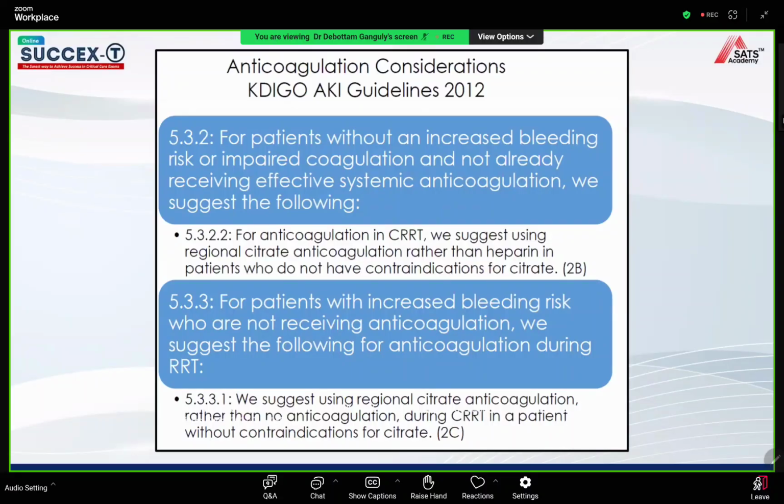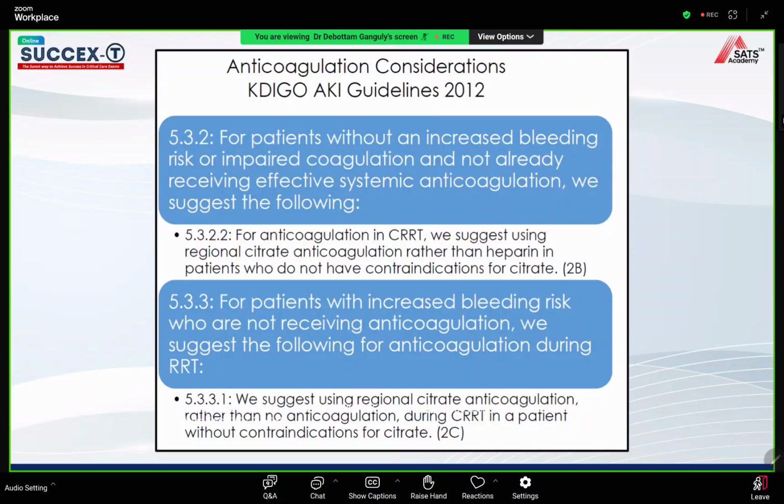Anticoagulation consideration: what does the guideline say? In the KDIGO 2012 guideline, for patients without an increased bleeding risk or impaired coagulation and not already receiving effective systemic anticoagulation, we suggest regional citrate anticoagulation rather than heparin in CRRT in patients who do not have a contraindication to citrate.